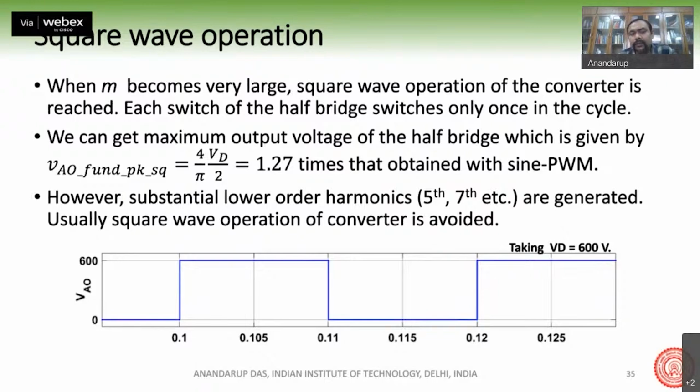We were running a motor, and we had to adopt the square wave operation, knowing fully that we would be generating lower order harmonics. But that extra 27% possible over sine PWM was necessary so that we could produce sufficient voltage for the motor.